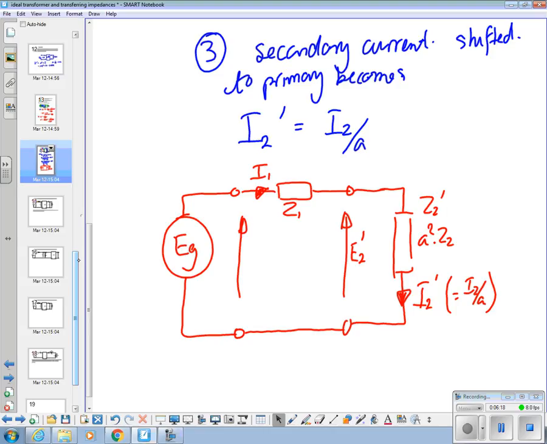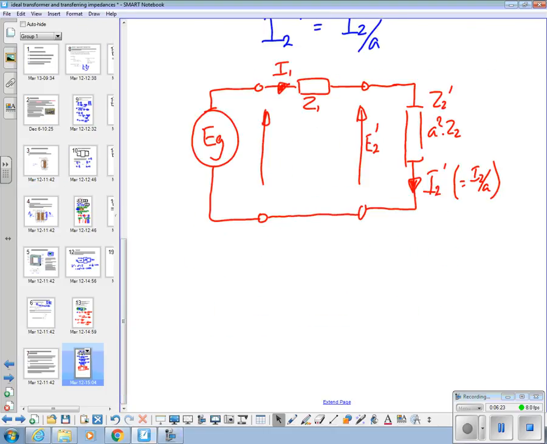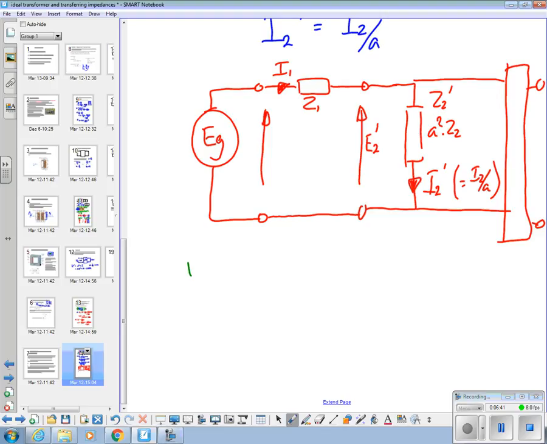And just lastly, to complete that slide and those notes, oh, hang on, for completeness, the transformer is here with nothing connected to it. We've shifted everything from the secondary side to the primary side, so you can effectively rub all of that out.